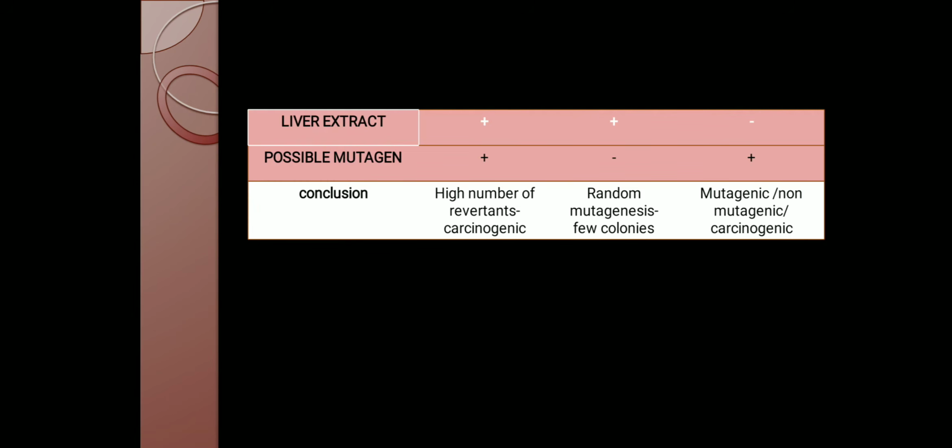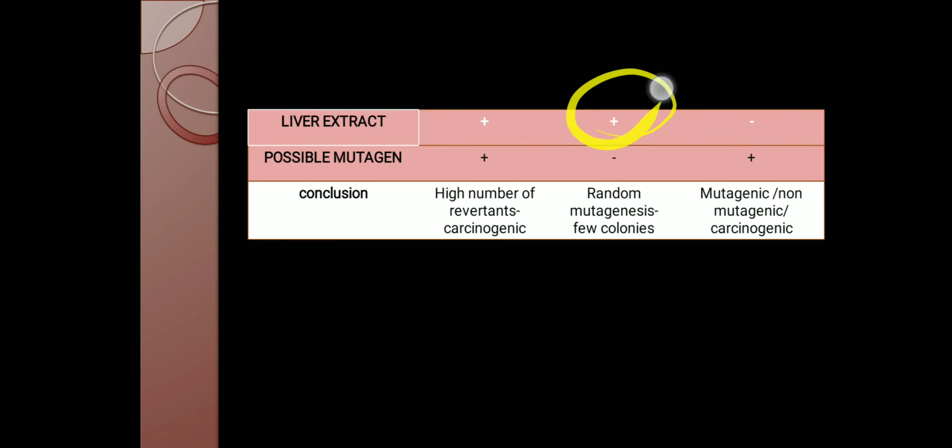So if numerous colonies are seen, that means it could be carcinogenic as well, because carcinogen, cancer, means the cells are going to divide randomly. There is no limit for cell division. So therefore a high number of colonies will be seen, large growth will be seen. So it could cause cancer as well. That is what will be concluded if both liver extract and the mutagen are there.